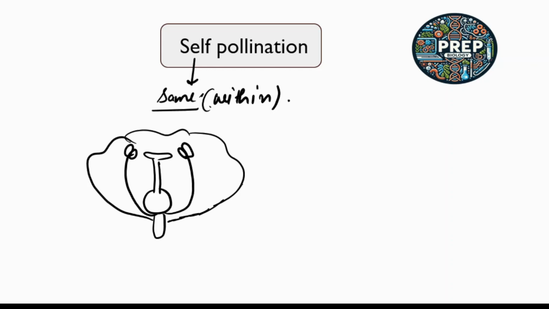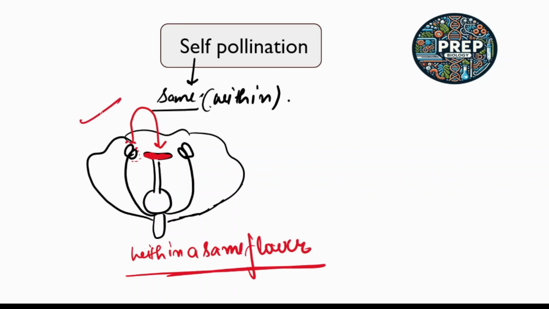So if this is a flower, this is the stigma and the anthers contain pollen grains, and the transfer of the pollens from anther to the stigma of the pistil within the same flower, that process is called self-pollination.